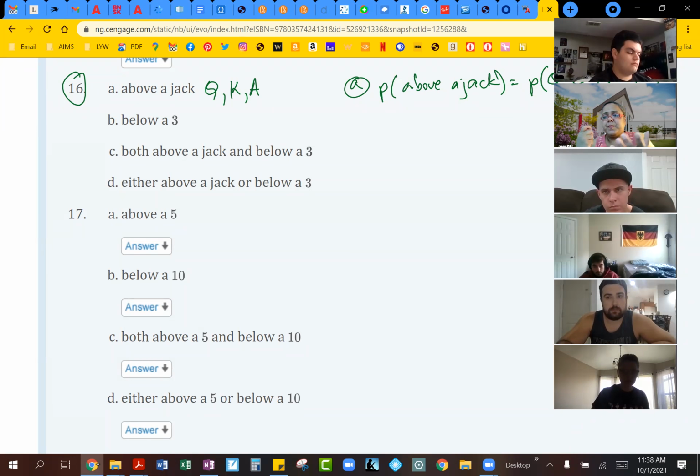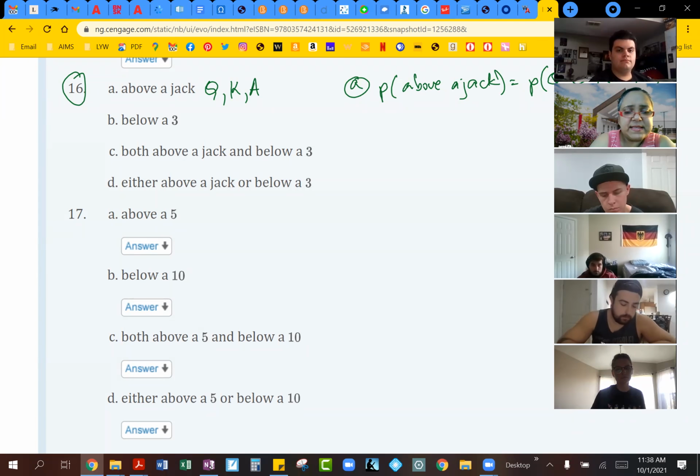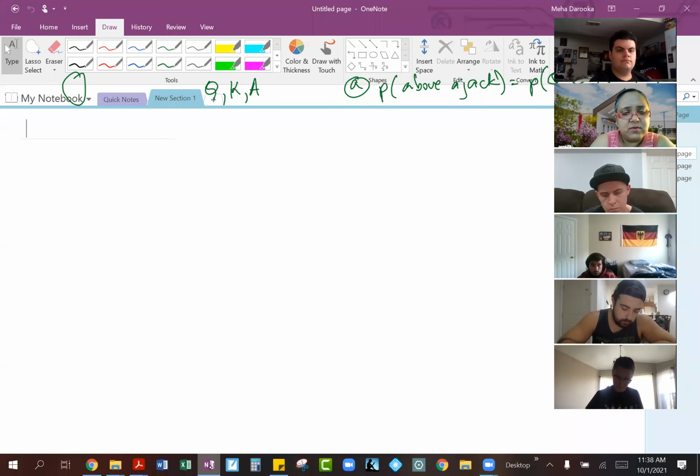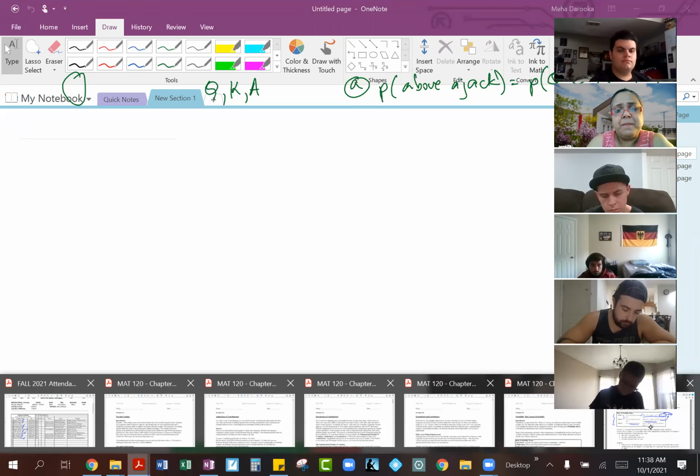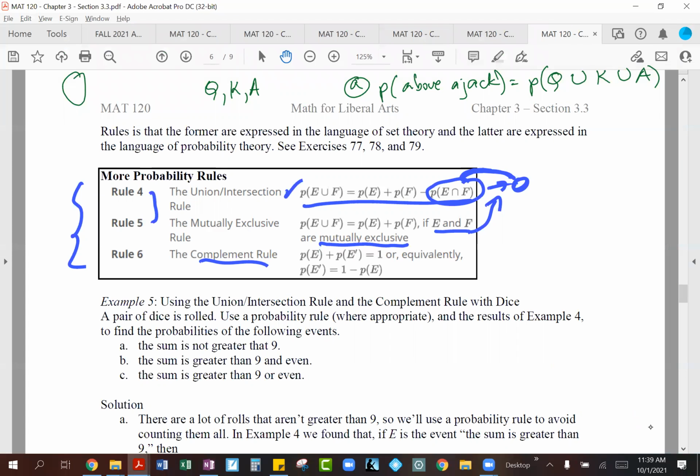So if you pick a card from your deck of cards, can it be a queen and a king at the same time? No. No, so that actually means these events are mutually exclusive. And since they are mutually exclusive, you actually just need to add each individual probability like we saw in rule 5.